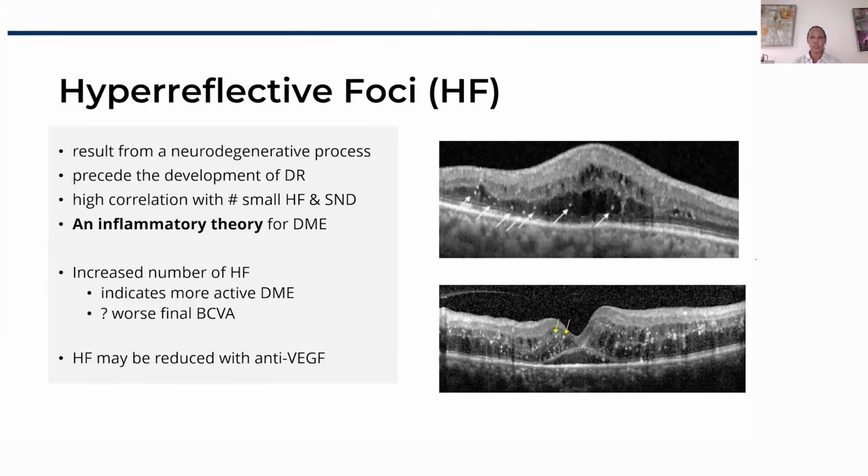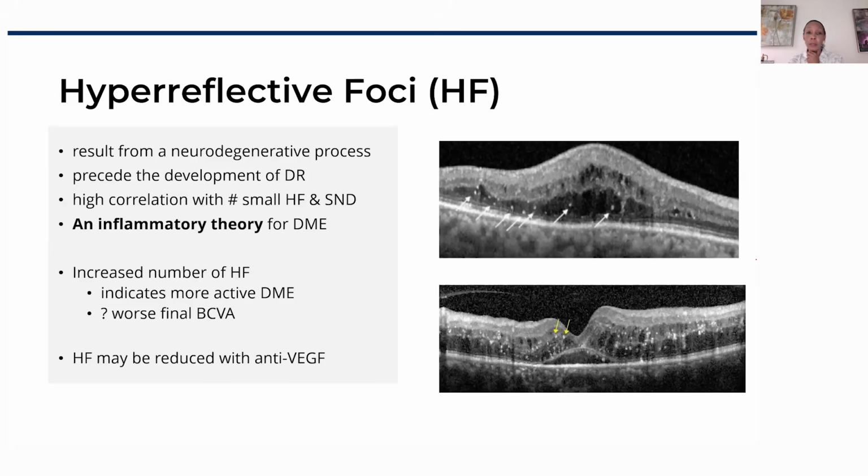So the hyperreflective foci can result from a neurodegenerative process, and it can occur before you get to diabetic retinopathy. It has been seen before diabetic retinopathy actually occurs. There's a high correlation with very fine hyperreflective foci and the subfoveal neurosensory detachment, as you see in this image, and you may have seen this several times before in your patients with diabetic retinopathy.